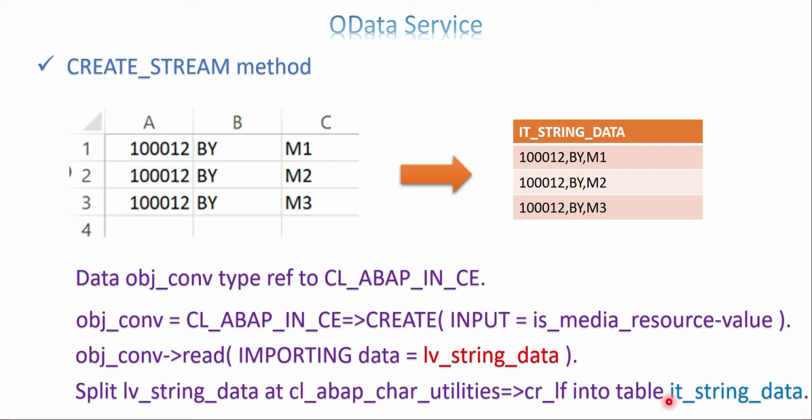This is a table of string data type. What happens is it separates the entire data record by record. I'll show you in debugging mode how it looks and how we are converting to a string data internal table.